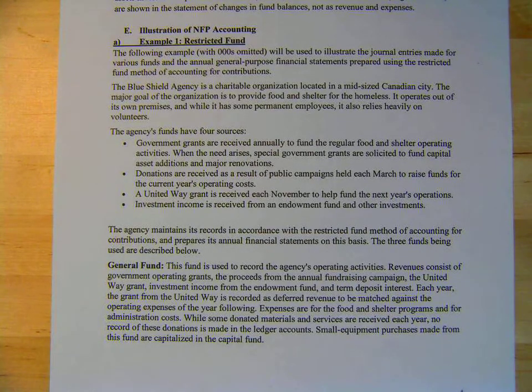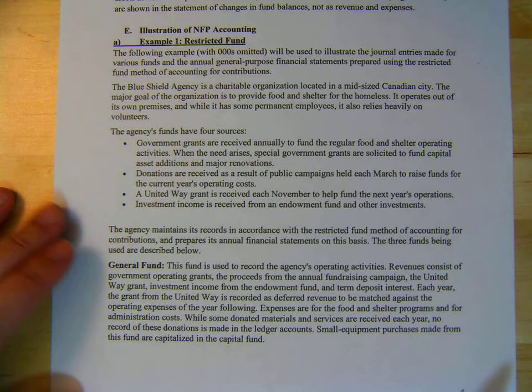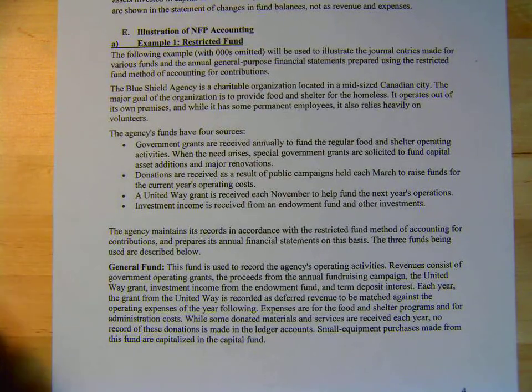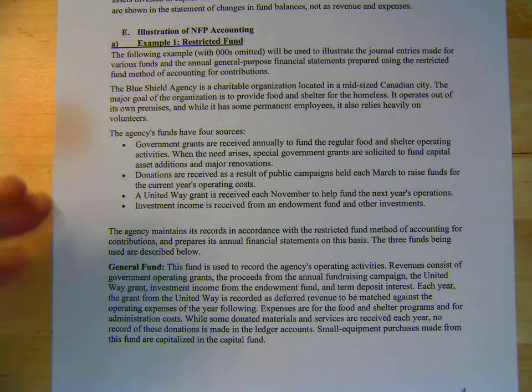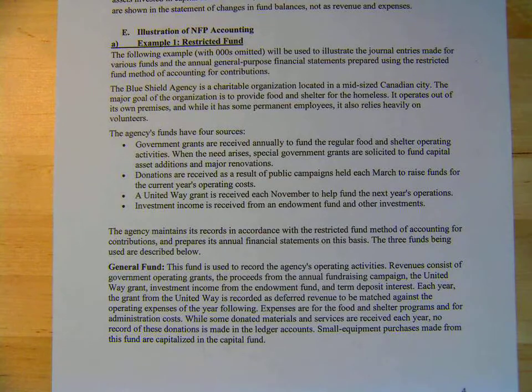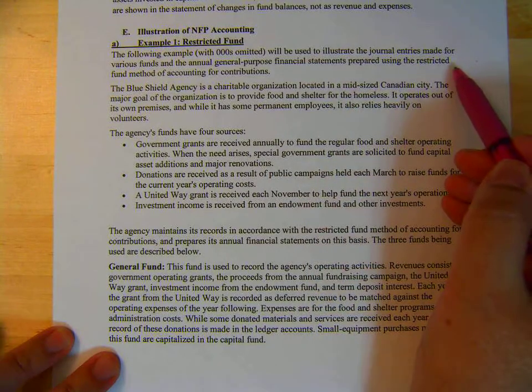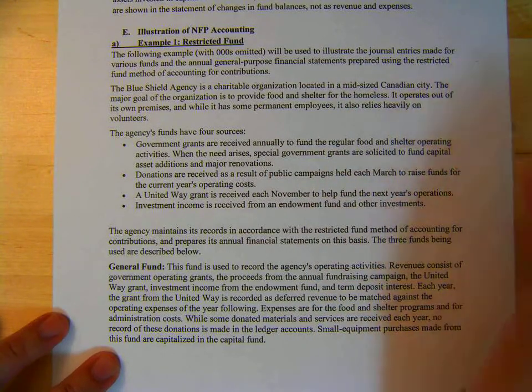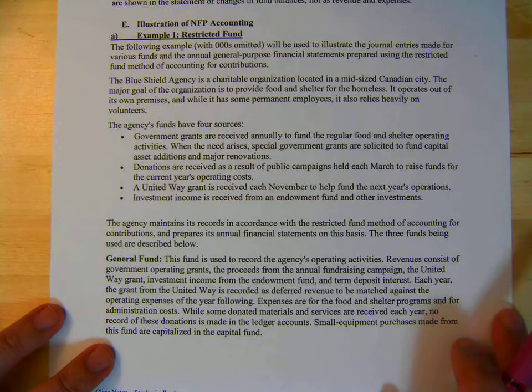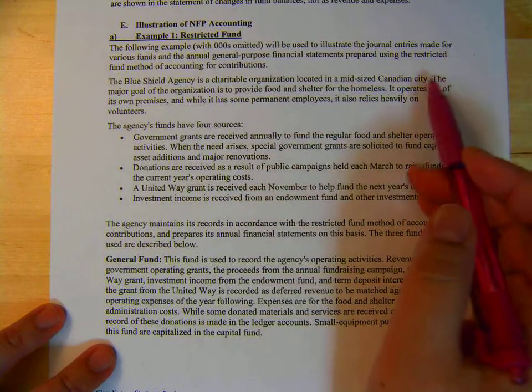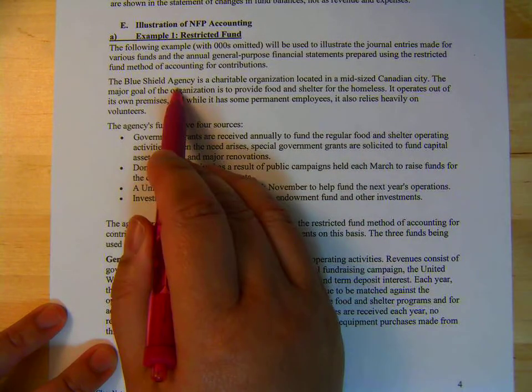So these questions have to tell you all about the funds and what goes into them and what doesn't, and all the things like that. So this actually follows the one in the text, so they've got a little more explanation in there if you want to do that. So, the Blue Shield organization.